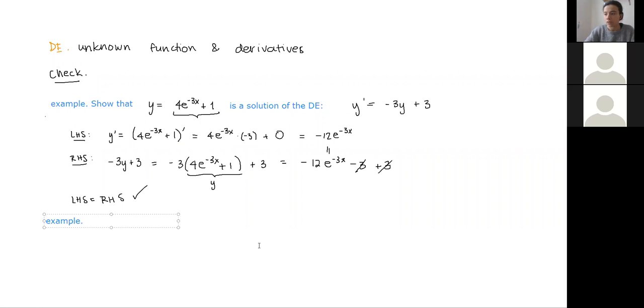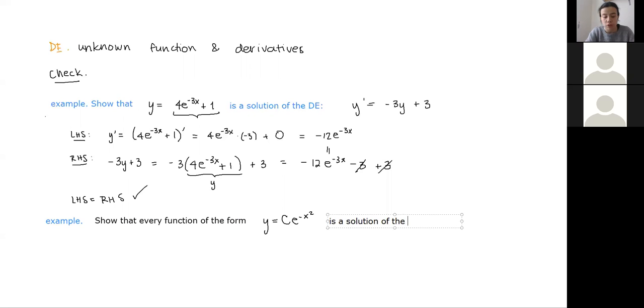For example, show that every function of the form y equals some constant times e to the minus x squared is a solution of the differential equation y prime equals minus 2x times y.